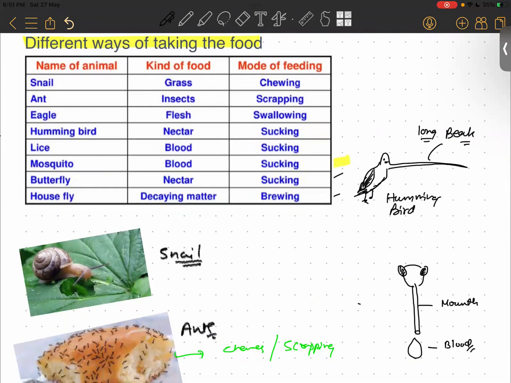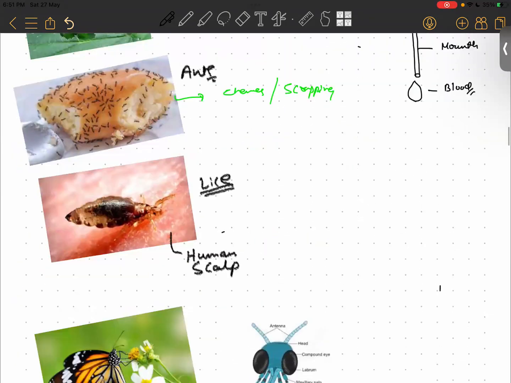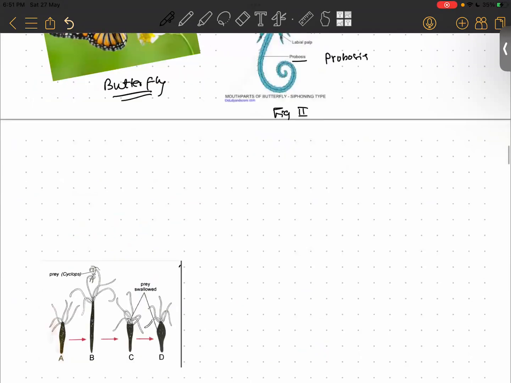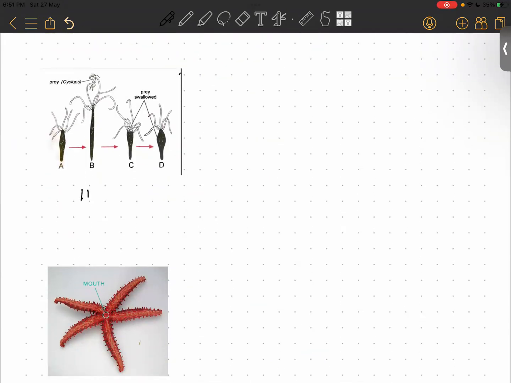Right, Mafaz? Okay. Now there are a few interesting animals found in nature, some animals which will amaze you to note how they take up their food. Like if I talk about a hydra. Ever heard about hydra? This is a diagram of a hydra.